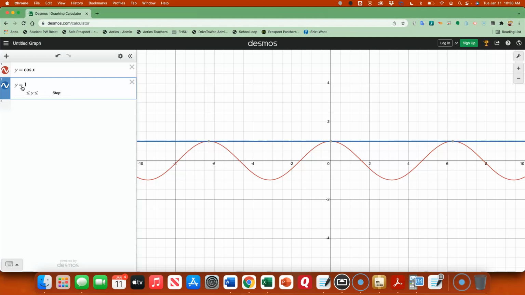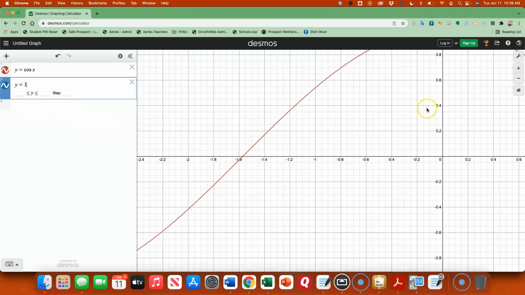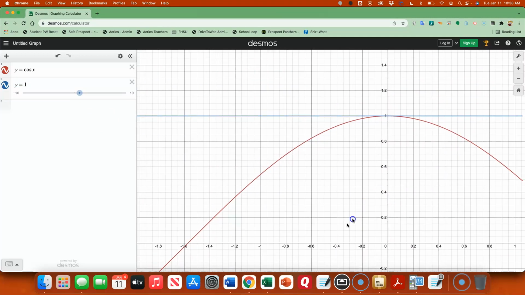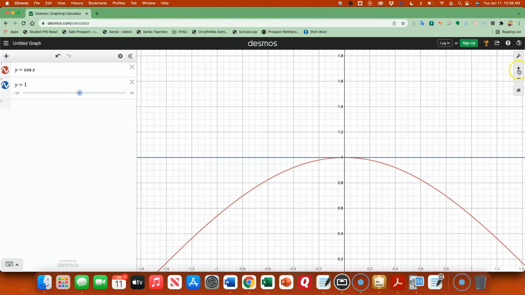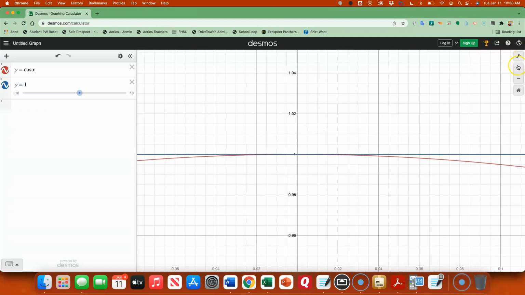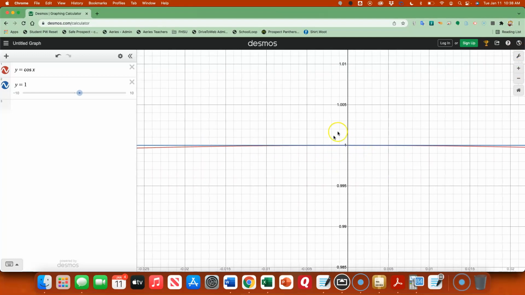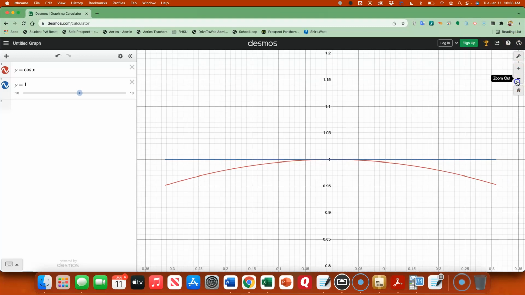As long as we're close to 0, that's not a bad approximation. I mean, if I scroll in far enough, you may be going, that's terrible. But if I scroll in enough, as long as I get really close, they're pretty close to each other, aren't they? Not so bad. But can we do better?